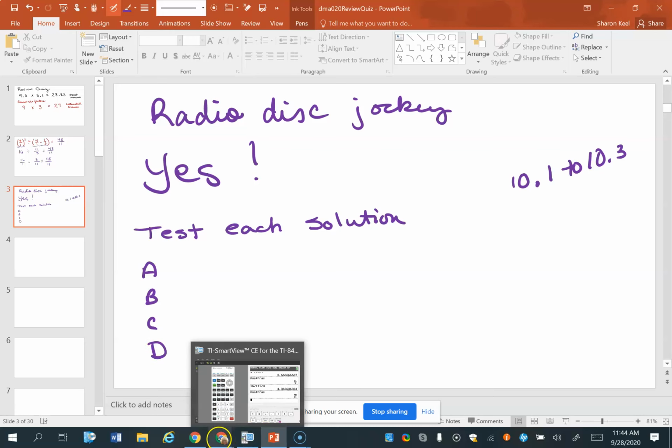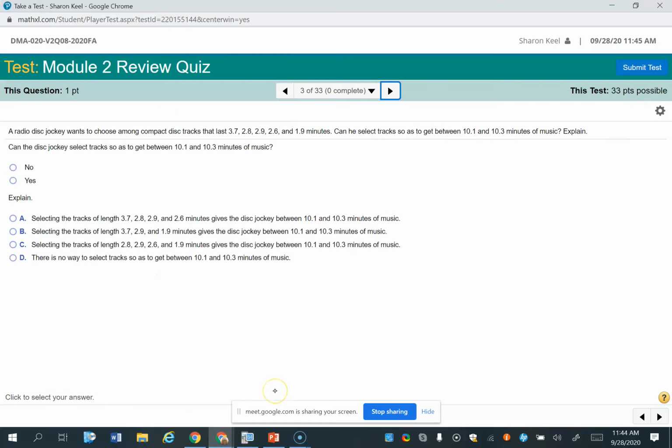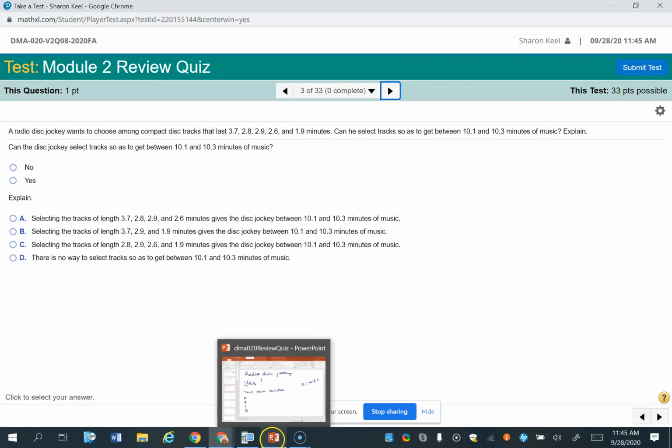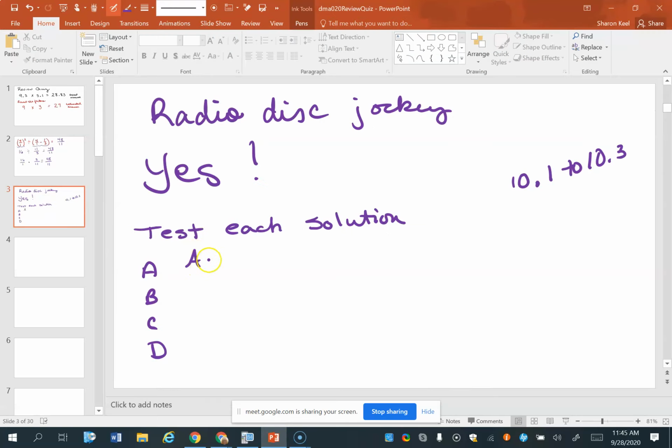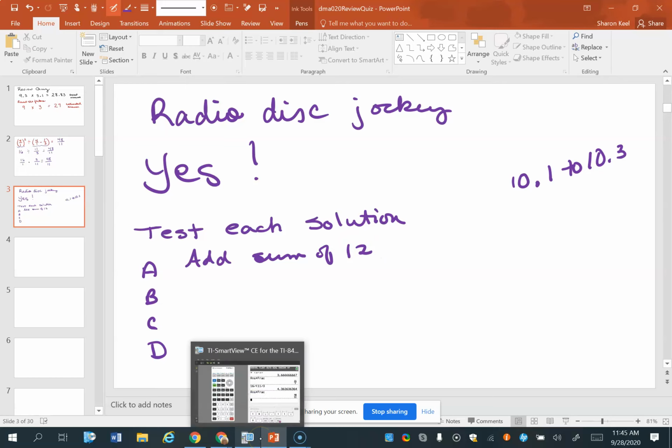What I would do, for A, you're looking at selecting 3.7, 2.8, 2.9, and 2.6. You add all 4 of these values, and you get a sum of 12. So that's not in the range that we need.